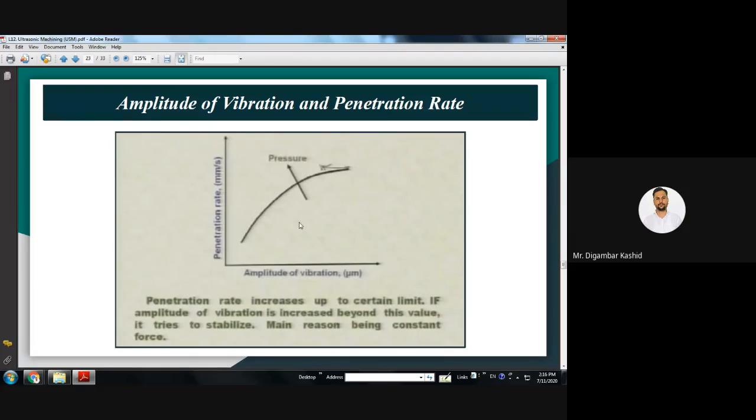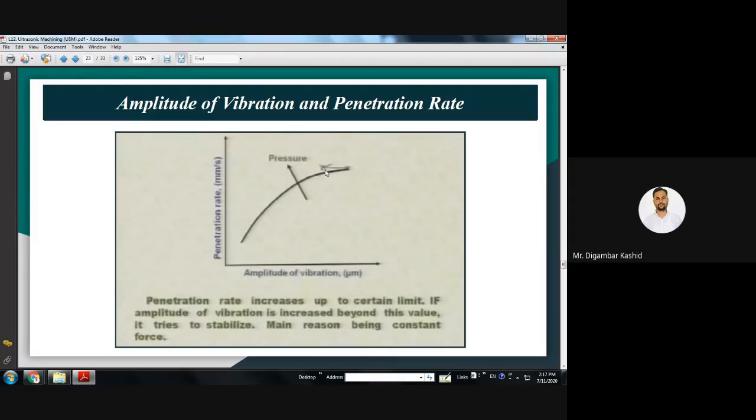So the penetration rate increases up to a certain limit only, if the amplitude of the vibration is increased. Beyond this value, it tries to stabilize, as I have shown here with the arrow. The main reason for this is constant force.